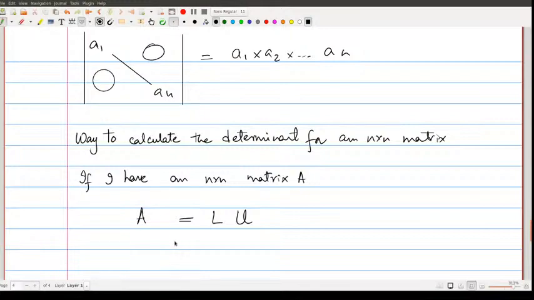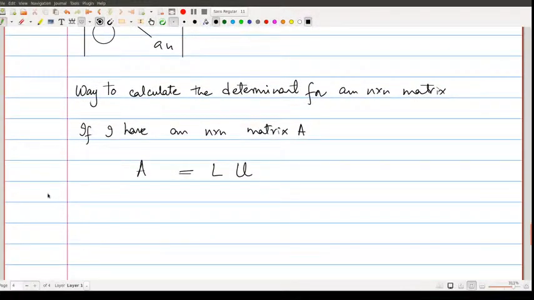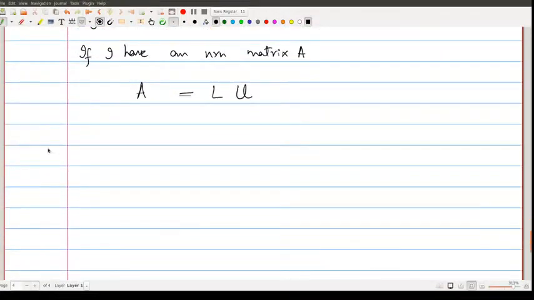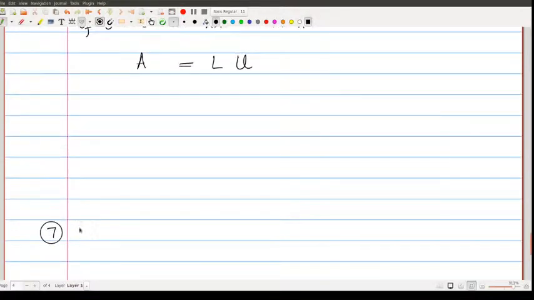And I have a nice little property, let's say property, what was it? I've reached property 6, right? So let's call this property 7. Property 7 is something that I will write down here, which I'm about to use, is that the determinant of the product of two matrices is equal to the determinant of A times the determinant of B, right?